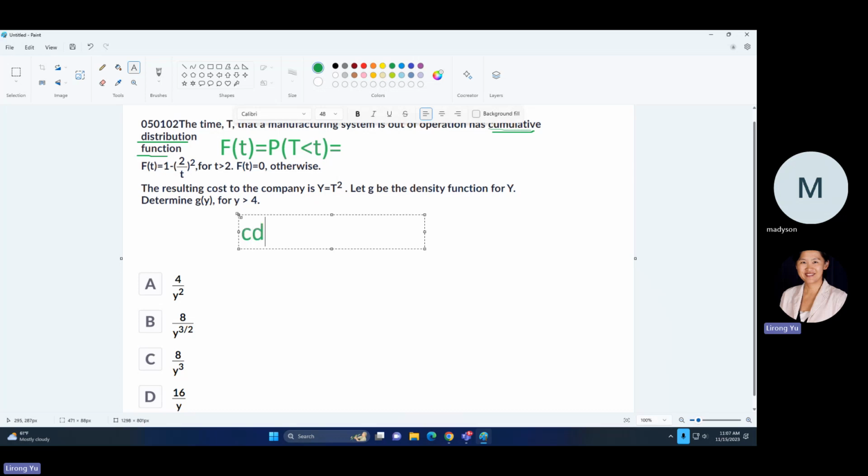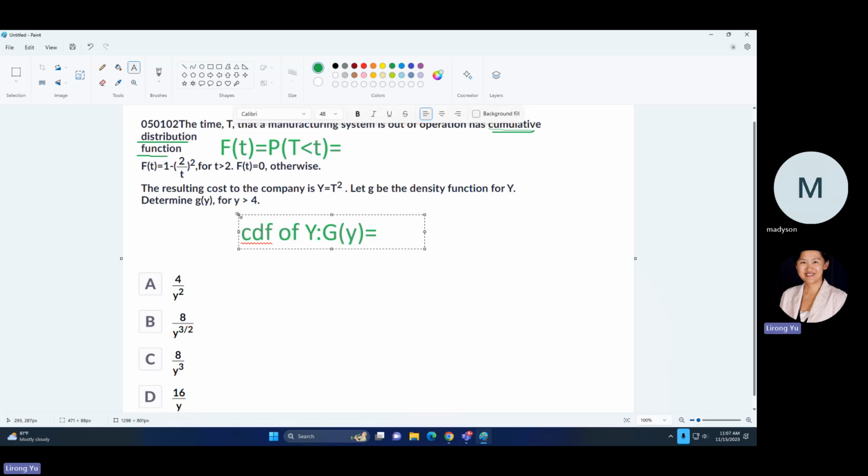So the cumulative distribution function of Y, we're calling it G of y. We typically use a capital letter for the CDF and a lowercase letter, like lowercase g, for the PDF. We're trying to find the probability density function, but we can start with the CDF, and then the derivative of the CDF would be the PDF.